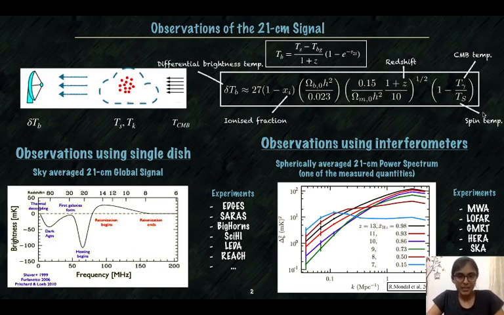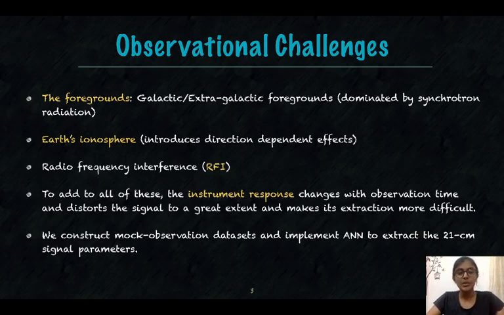As this particular signal is extremely faint, there are observational challenges. The foregrounds, primarily consisting of galactic and extragalactic foregrounds, which are dominated by synchrotron radiation, are one of the major challenges. They need to be characterized and removed very well in order to get the signal.